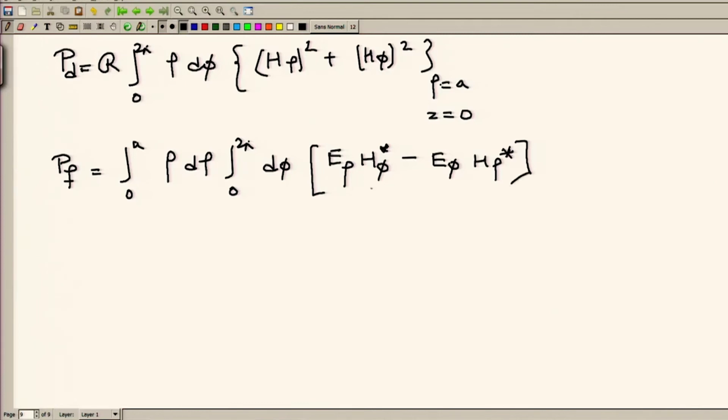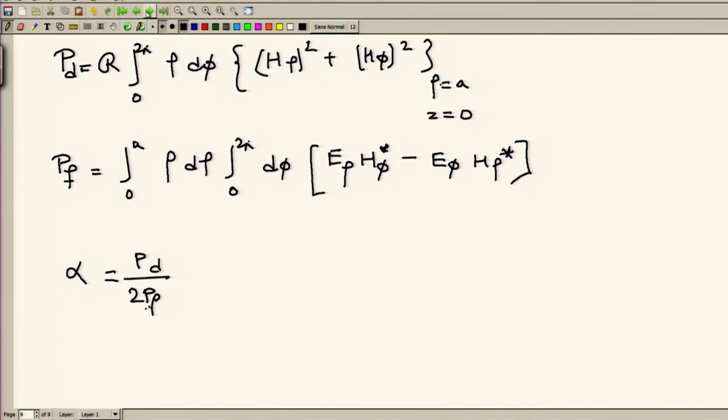Again, E rho, H phi, E phi and H rho are known. So, we can substitute, and then calculating P d and P f, we can get the attenuation constant as P d upon twice P f.